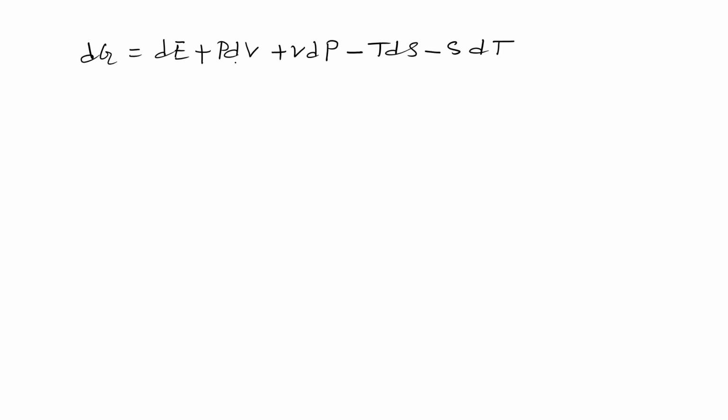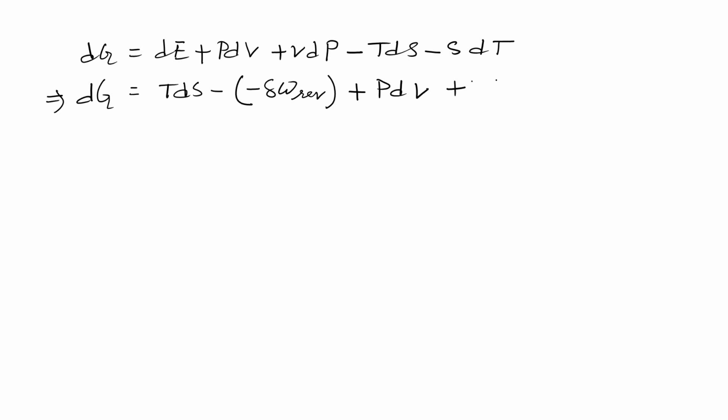Now I'll put in place of dE. So here dG is equal to, in place of dE, what you can put? TdS minus the total reversible work done by the system. Total means mechanical plus non-mechanical. Then plus PdV plus VdP minus TdS minus SdT.